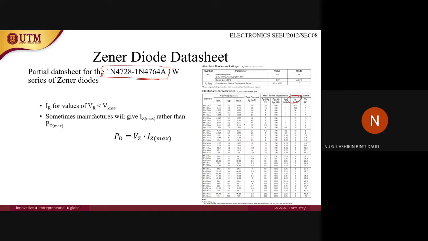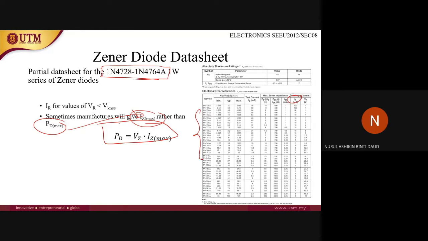It depends. Sometimes they will give you the value of IZ max, sometimes PD max. If they give you IZ max, you can calculate the PD max, right? Use this formula.